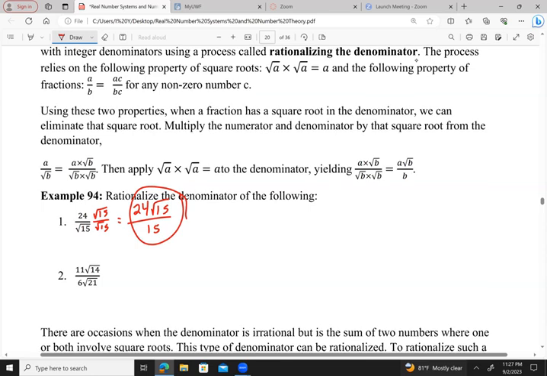Same thing here. We don't have to multiply by the 6. Just multiply by square root of 21 over square root of 21. So now I have 11 over 6 times 21.